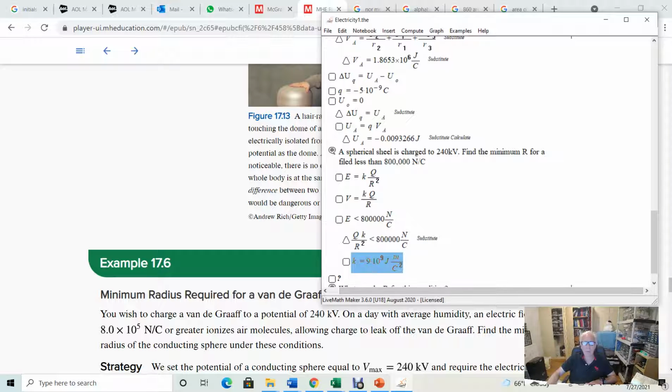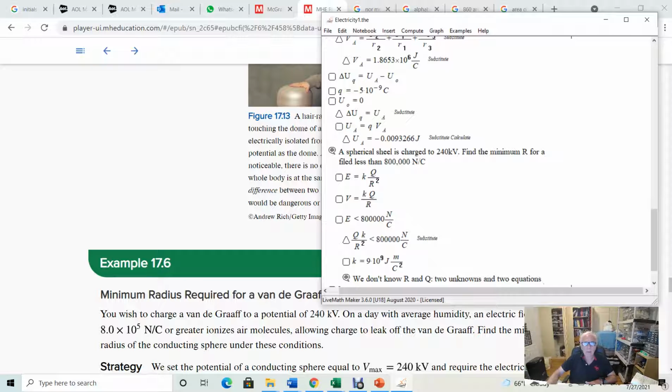We know K. We do not know Q. We do not know R. We don't know big R and big Q. Two unknowns and two equations. So in principle, we can solve that.